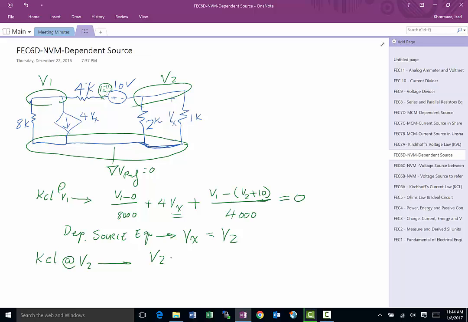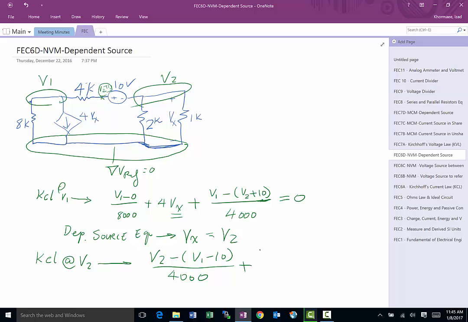So when you write that, you've got to write (V2 plus 10 minus V1) divided by 4,000. You may have noticed that this is the negative of the earlier term, which was V1 minus V2 minus 10, because in this case you're looking from V2. In the other case you were looking from V1. So that makes sense, hopefully.